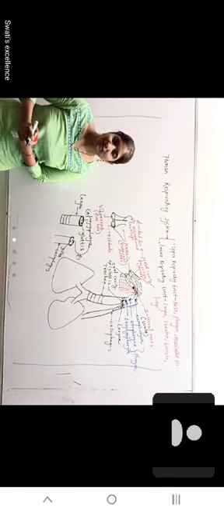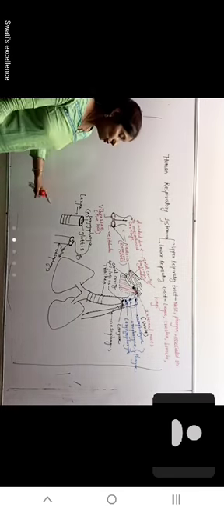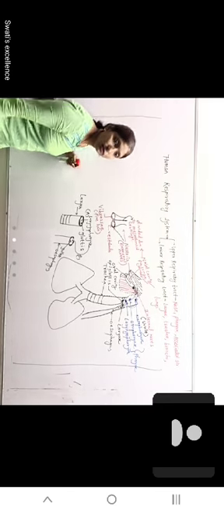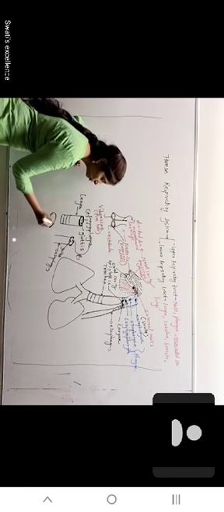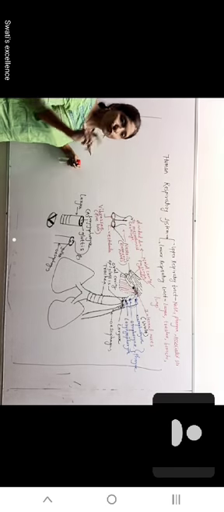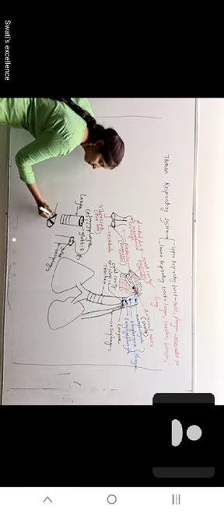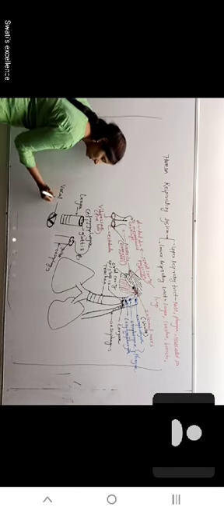I remember. Okay. So here students, at the glottis, means at the opening of the laryngopharynx into larynx, there are two folds. I'll just show you. These two folds are called true vocal cords.